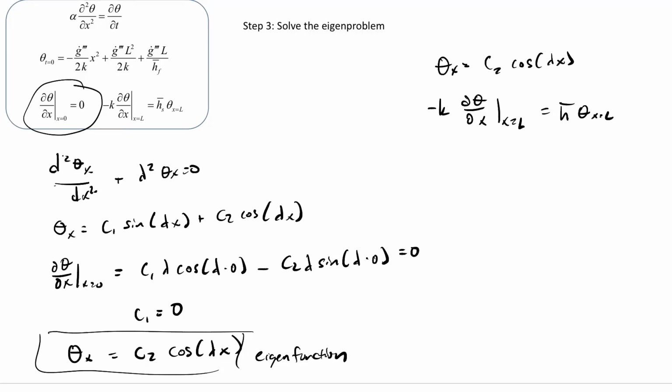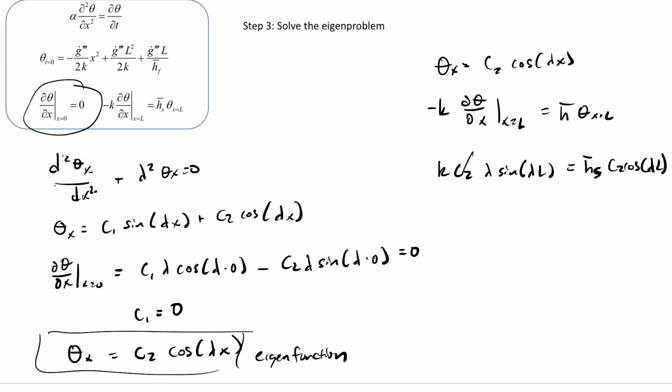We end up with k times C2 λ sine of λL is equal to h̄s times C2 cosine of λL.